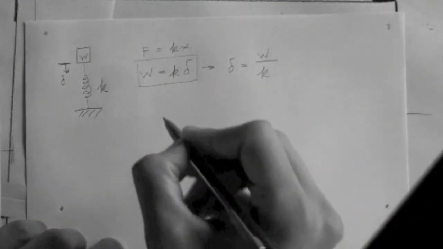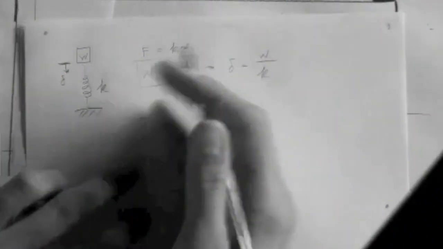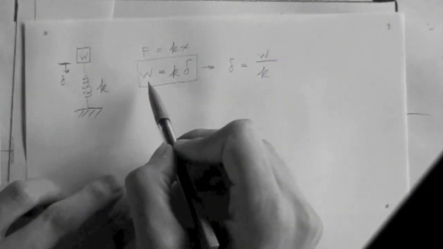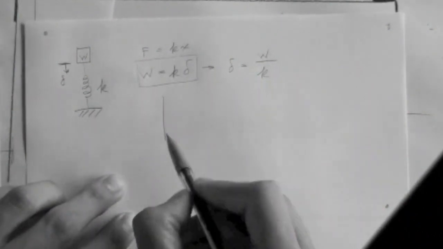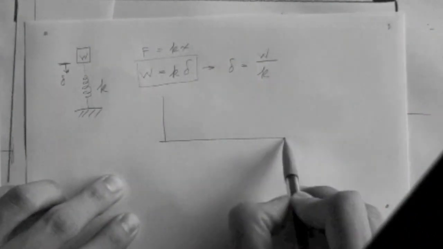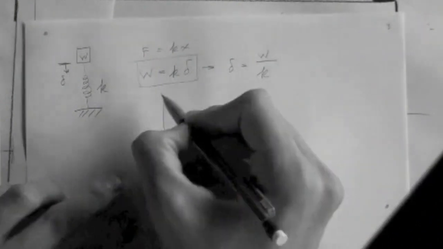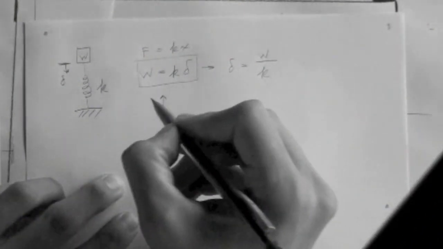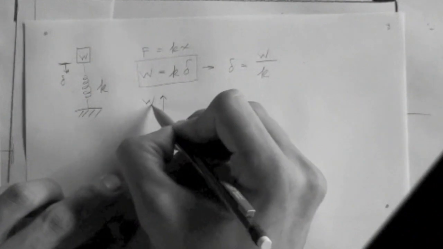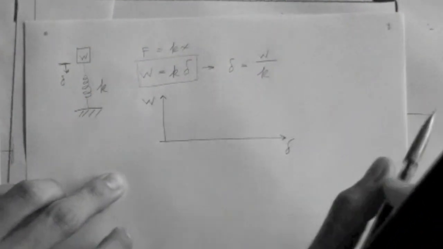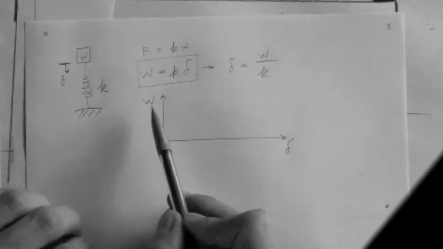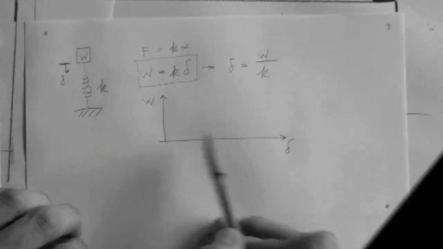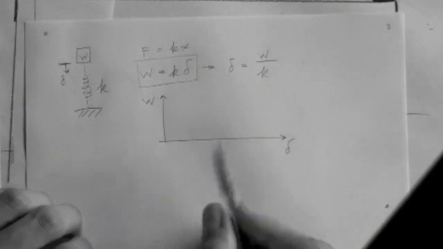So, if we wanted to plot this equation, this is the equation of a line. We could plot it like this. Given any weight, we would get the relevant delta.